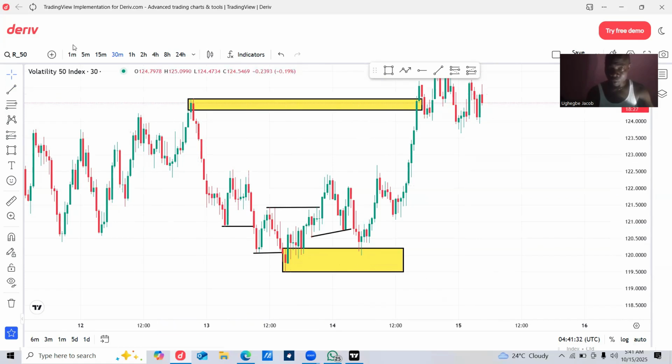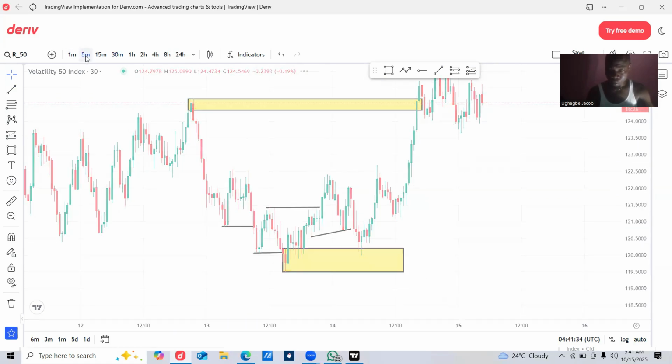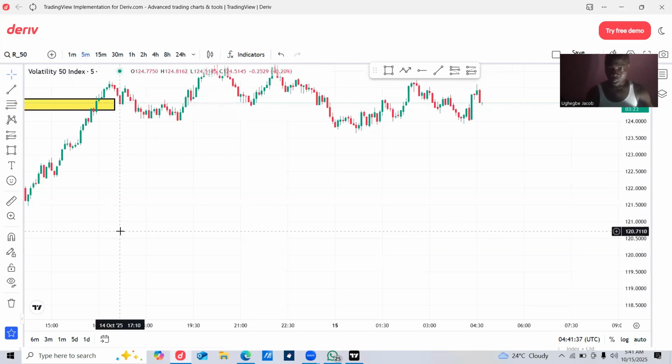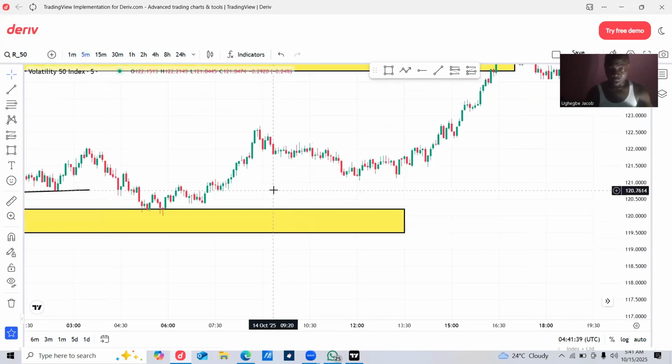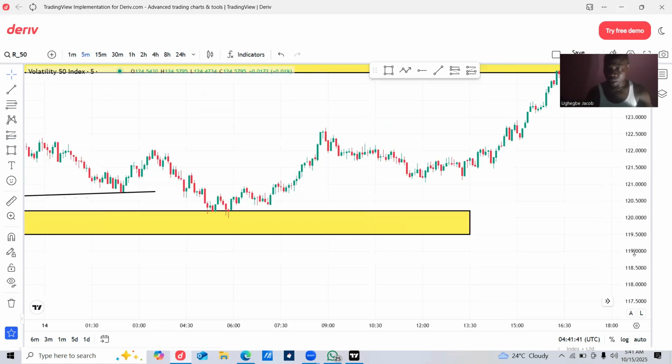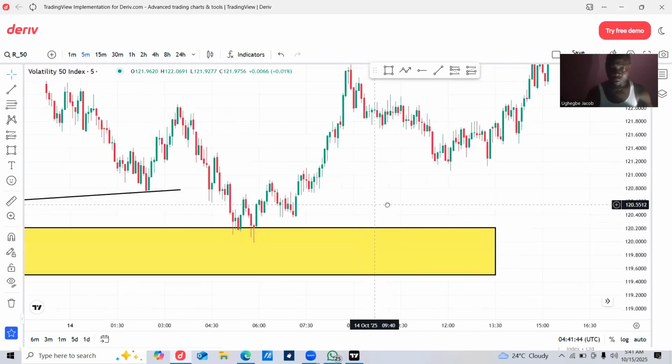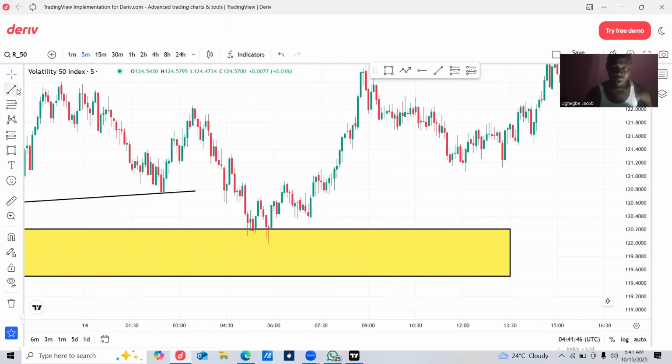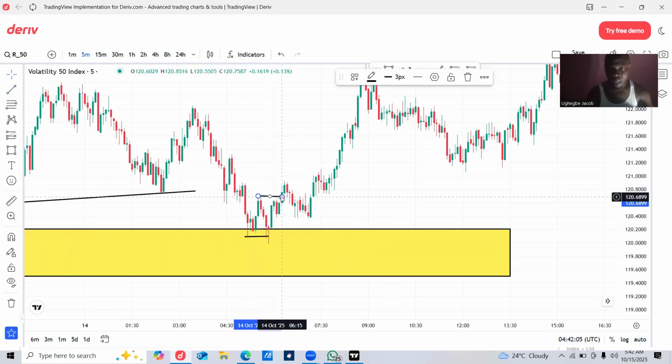If I go to the 15 or 5 minutes time frame, you will see that from this order block here, the market first tapped this area to clear up this liquidity. Then after clearing up this liquidity, the market went up to take the recent high here.